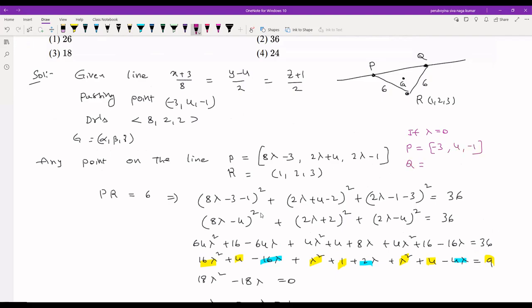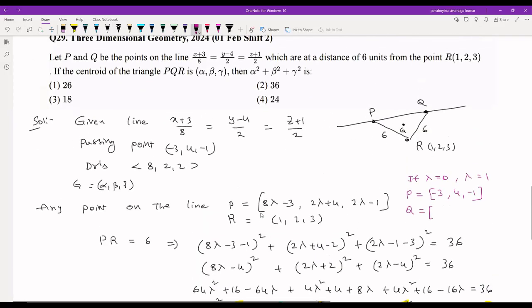And also Q point if you substitute 1. So substitute 1, then it will be 8 minus 3, 5, 2 plus 4, 6, 2 minus 1, 1. So we have all 3 points. This is minus 3, 4, minus 1, and Q point 5, 6, 1.